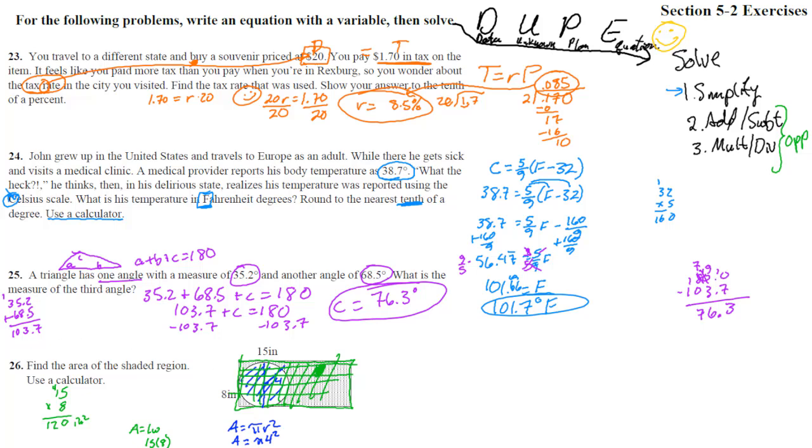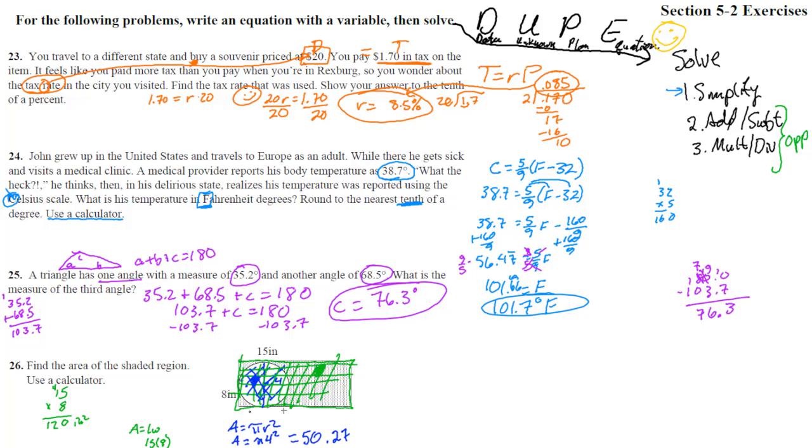Now, it said to use a calculator here. Pi times 4 times 4. If I punch that in my calculator, 4 times 4 is 16 times pi, 50.265. So we can say 50.27. Okay. And if you do that, there are 50.27 of those square inches there.